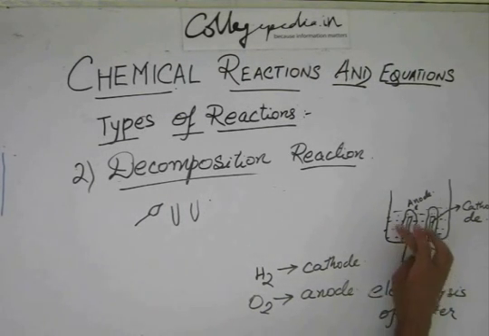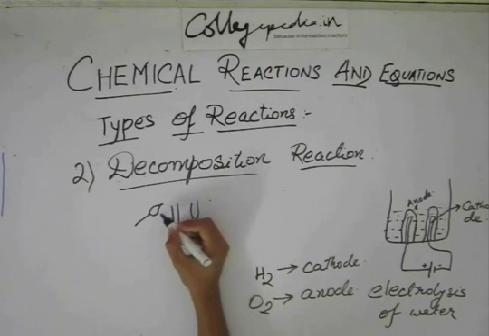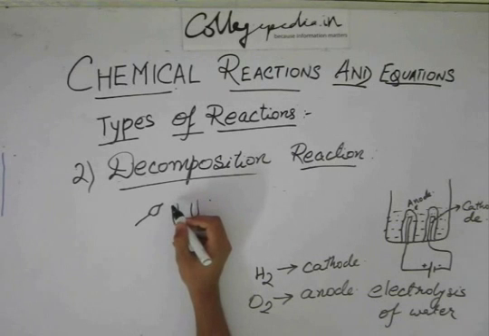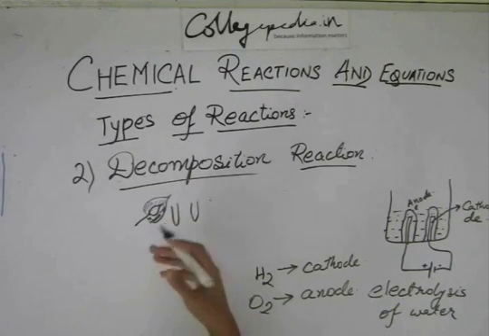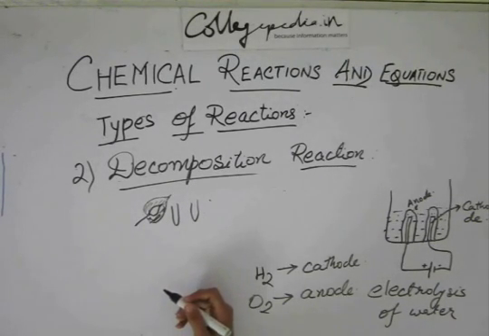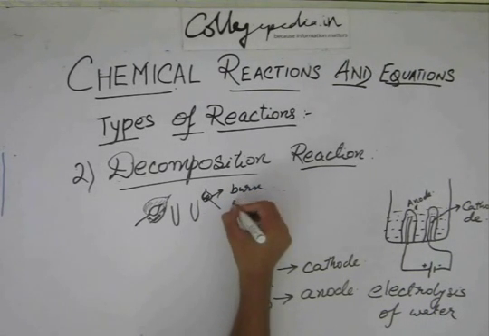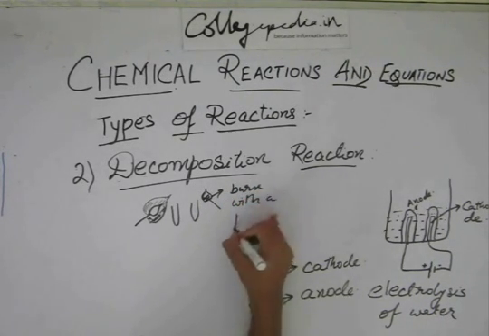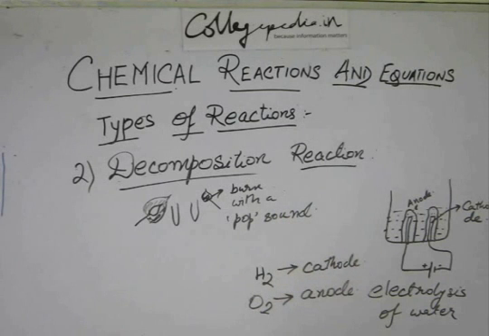You'll see that the anode test tube contains oxygen, and when you bring the matchstick near the anode test tube, it will start burning more strongly, because oxygen is a supporter of burning. And when you bring it near hydrogen, it will burn with a pop sound, and that pop sound will confirm that it's hydrogen.